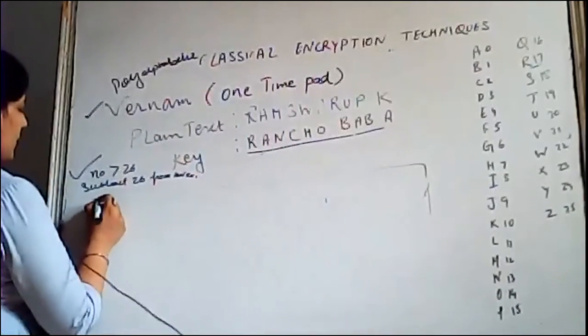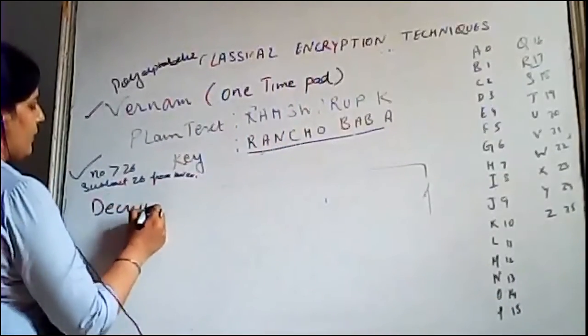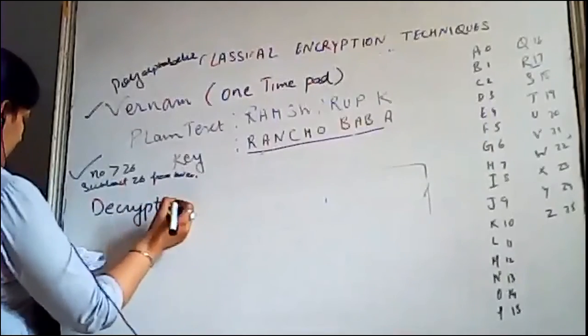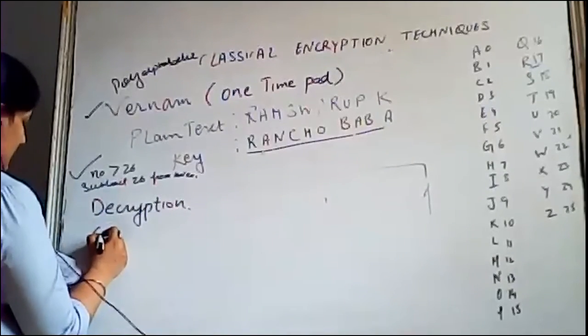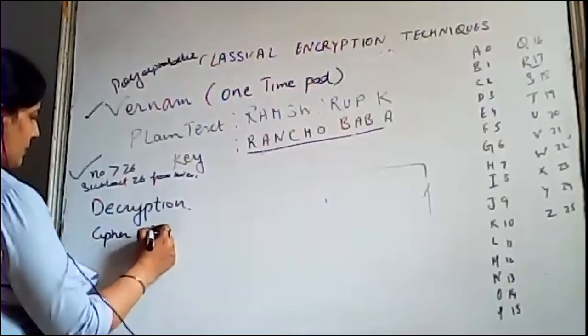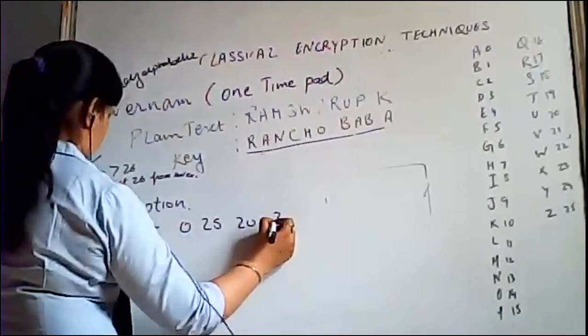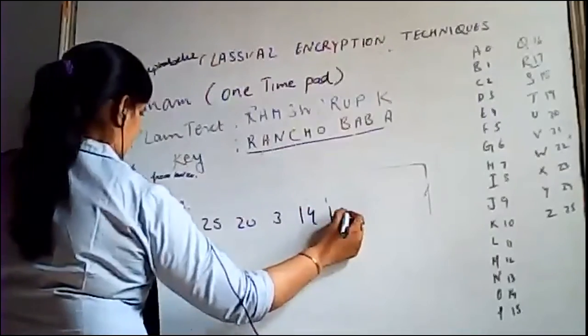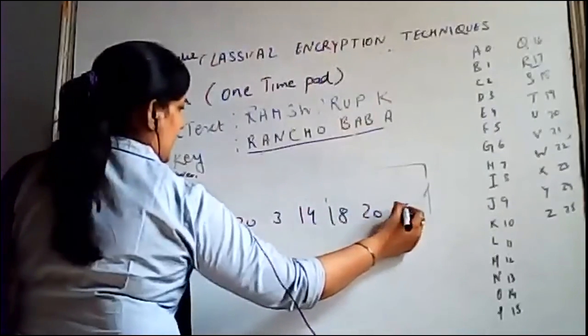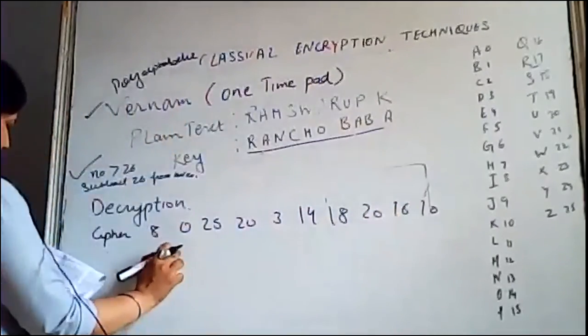Now in the process of decryption, if you remember our ciphertext, the numbers were 8, 0, 25, 20, 3, 14, 18, 20, 16 and 10. This was my result.